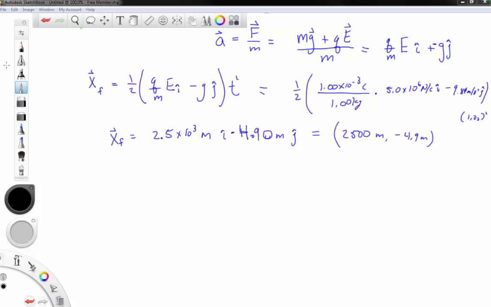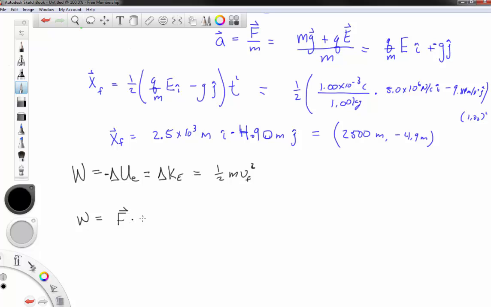And actually the way that we do this is we can use that work is negative change in potential energy, which is equal to change in kinetic energy, which in this case is 1/2 m v final squared. Work, of course, is going to be force times distance.